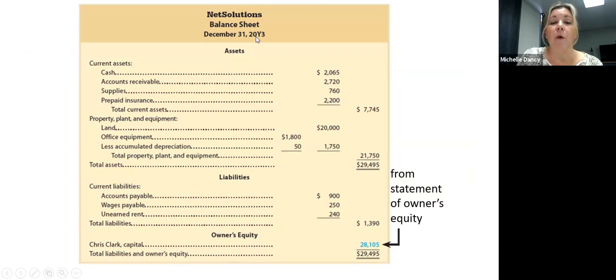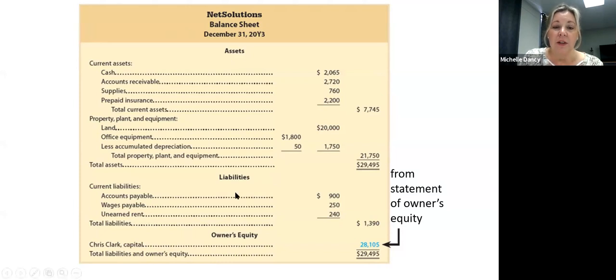It doesn't have for the month ended or for the year ended, because it's not a summary. It is simply our account balances at this given date. So our basic accounting equation, our basic balance sheet still has not changed. It is still the accounting equation.